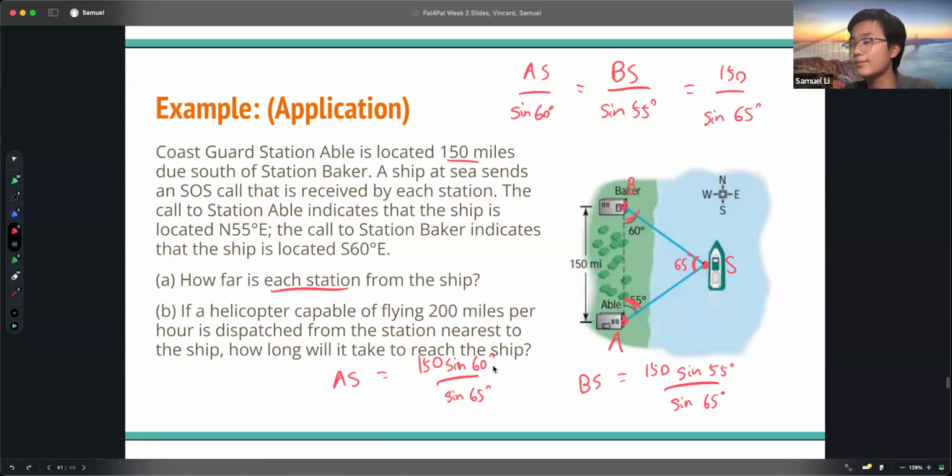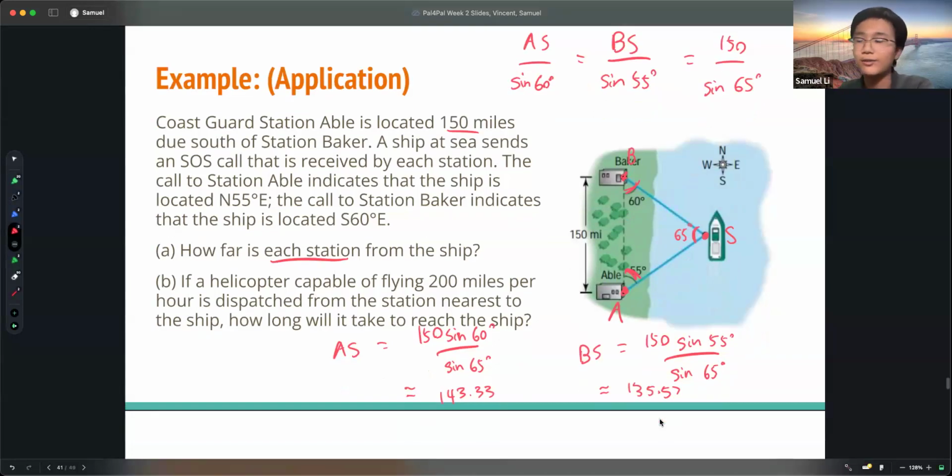I think this turns out to be 143.33, and this turns out to be 135.57. In AP pre-calc, you would typically want to round to 3 significant digits. I will not do that here because I don't want to plug it into a calculator.